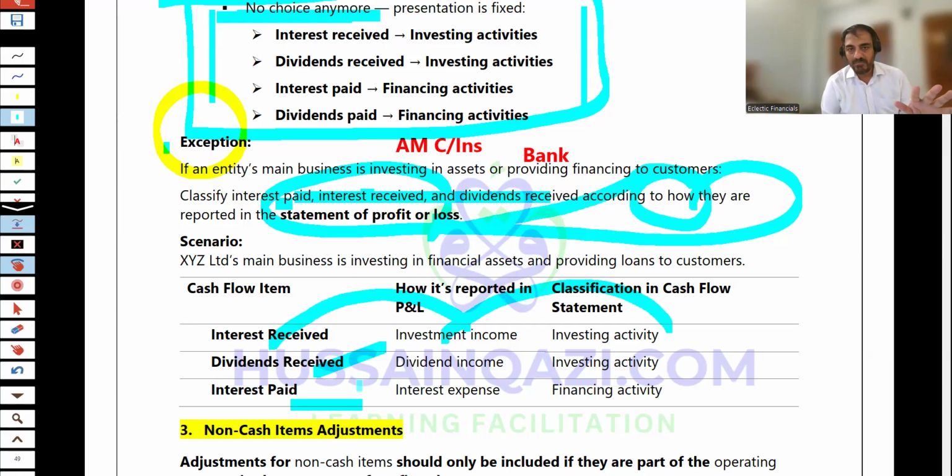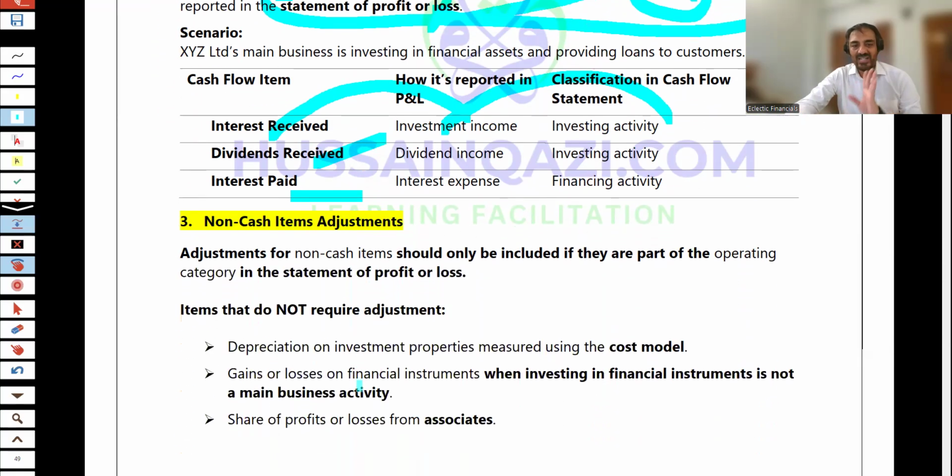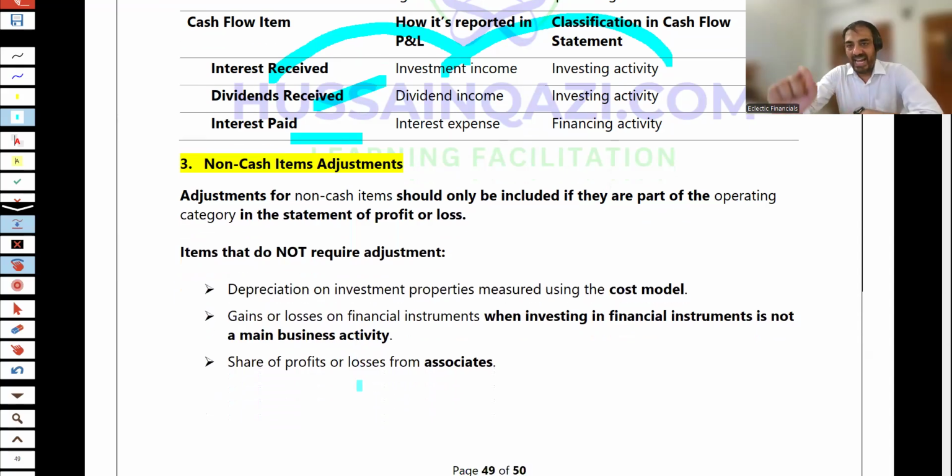Very simple rule for banks and insurance companies: whatever they have incorporated according to the P&L, whether interest received, dividend received, or interest paid, is reflected in the cash flow. But dividend paid must be parked with financing activity. Last point, very simple. Listen to this point very carefully.